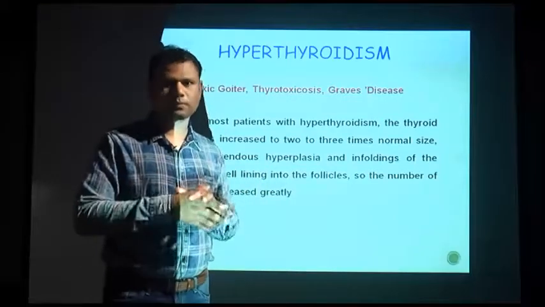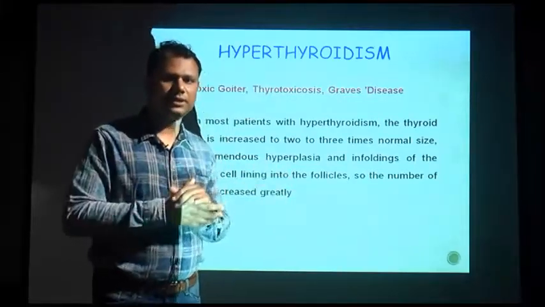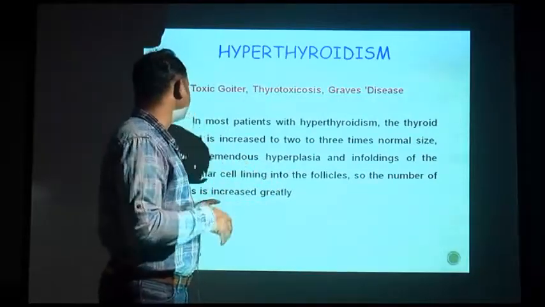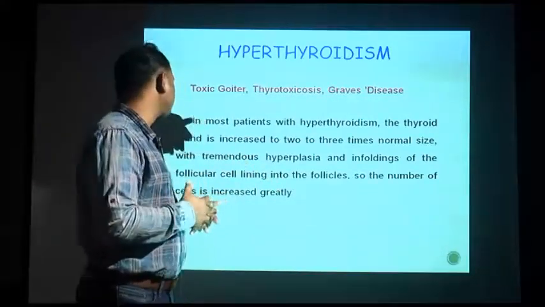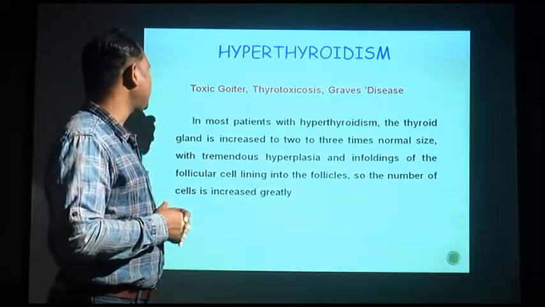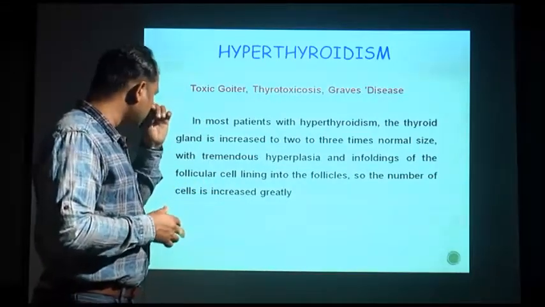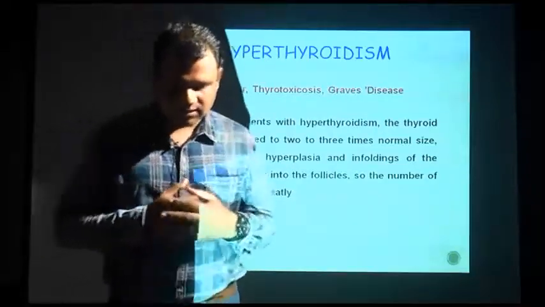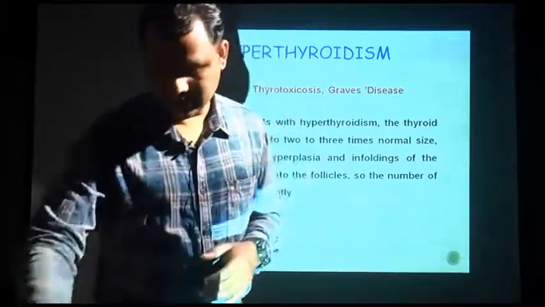This is the purpose, but that does not happen in case of disorders. In most enlarged thyroid glands, scientists found follicular cell lining into the follicles. So the number of cells increases greatly. The cellular mass of the thyroid gland increases abnormally.